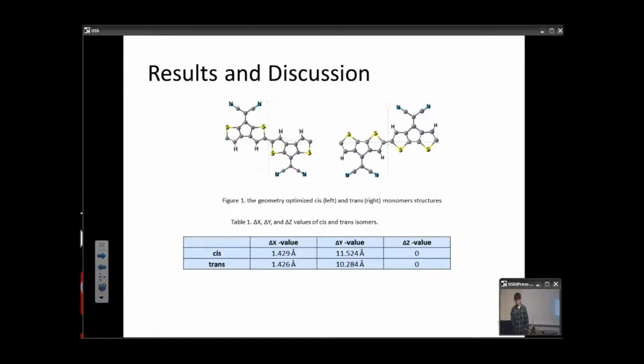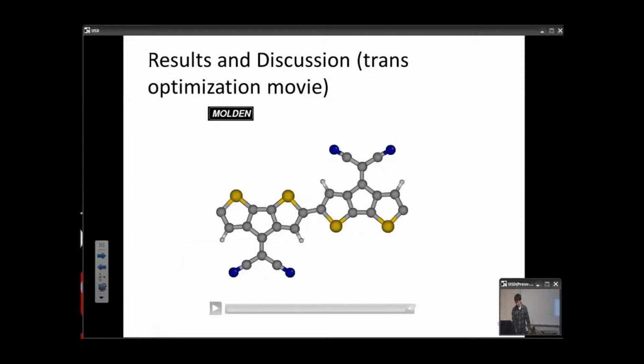We have these two structures showing the cis and the trans structure of our monomers, and then we measure the x and y values. Here is the x distance, and y is from here to here. Since it's planar, the z value is 0, and we rotate the structure around the y-axis by 90 degrees before we run the calculation.